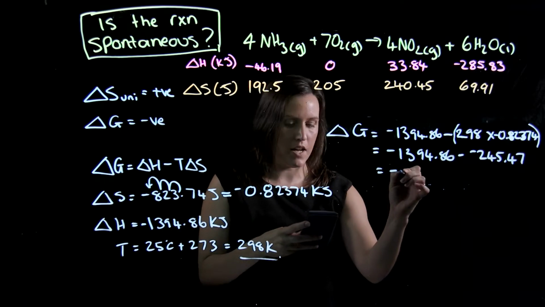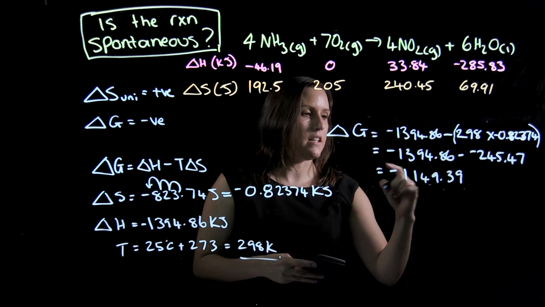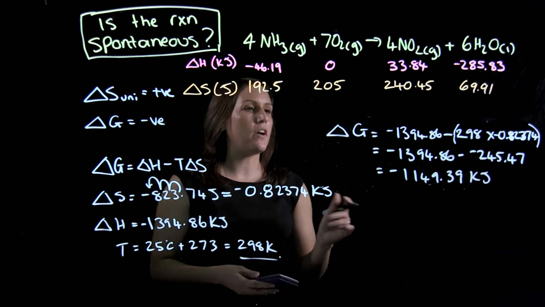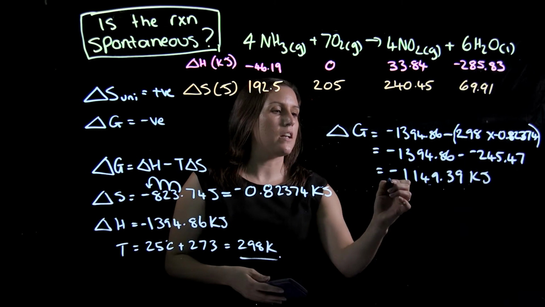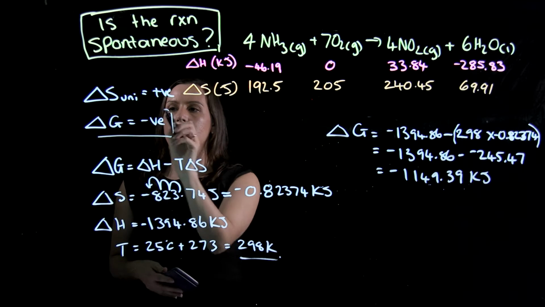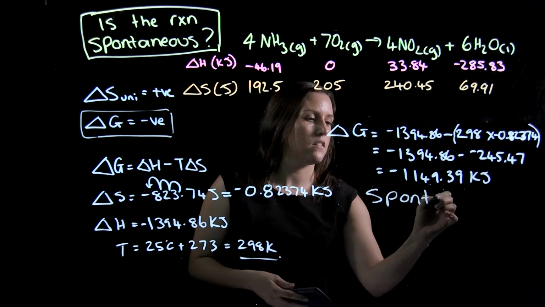That gives me minus 1,149.39, and this is in kilojoules. So that's how we work out our delta G. We've got a negative value here, and remember, if delta G is negative, then it is spontaneous. So this one would be spontaneous.